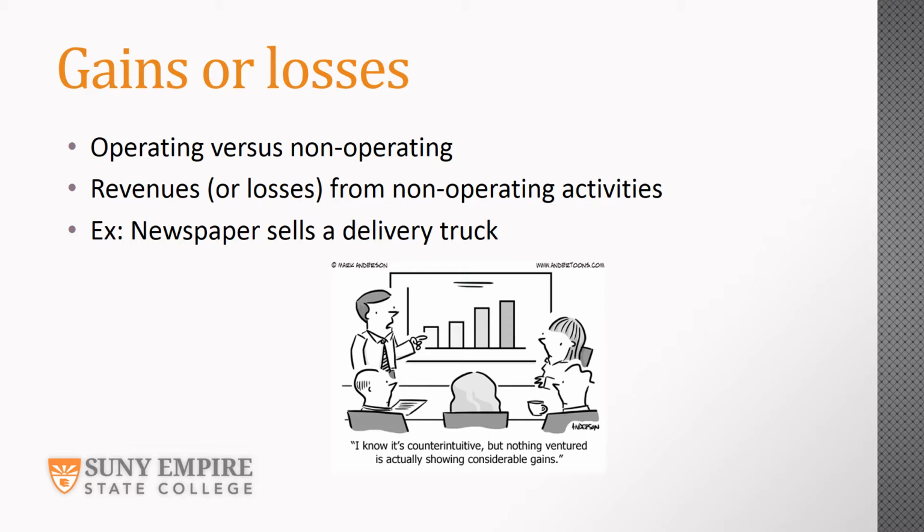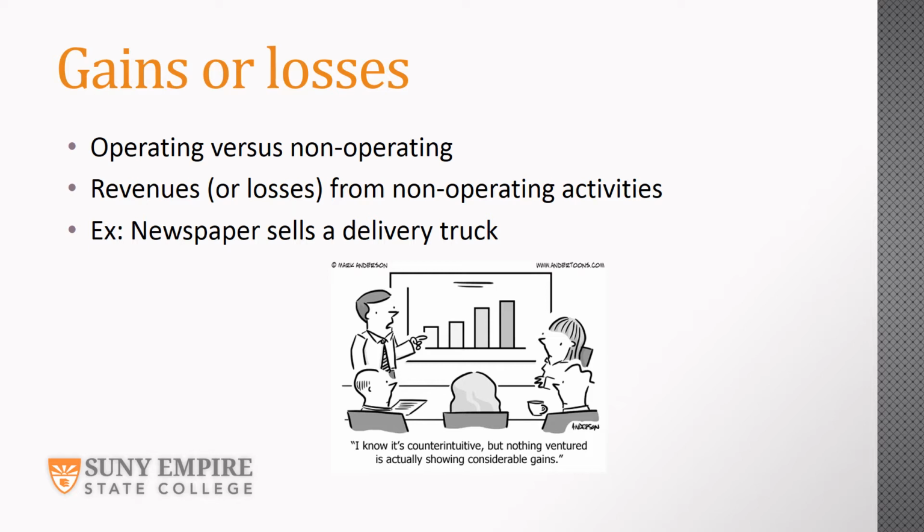These non-operating earnings or losses are called gains or losses. As an example, consider a newspaper. Their operating revenues would include any subscriptions or advertising. However, the newspaper may also make money by selling an old delivery truck. The cash gained would be accounted for as a gain on the income statement.